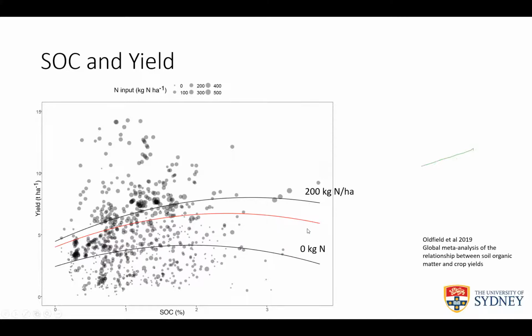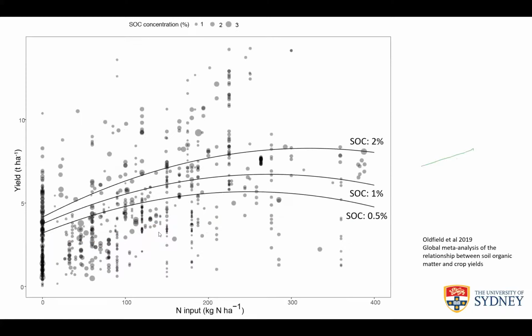But there's a relationship that the higher the carbon content, the more yield you will get. And I think this plot is probably better. This is the same data reported another way. If your soil carbon is 0.5%, you'll reach a very low yield, smaller compared with a soil having 1 or 2% carbon.